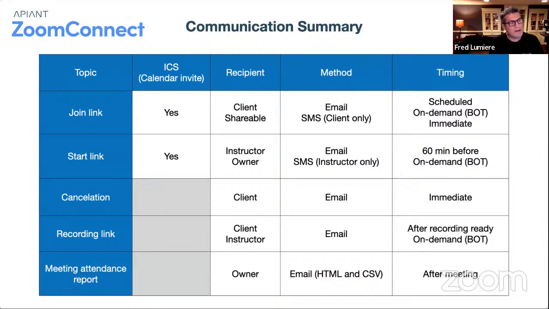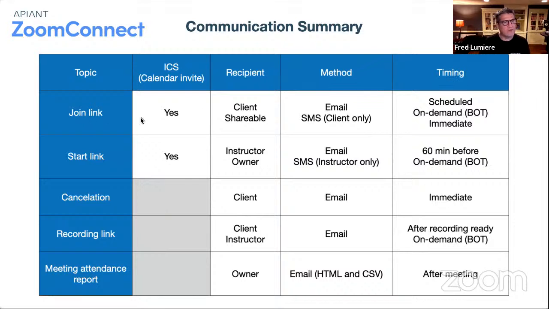Well, with APIANT now, the cool thing is that that is a unique link just for that one instance of a class. So you don't have to share every class for the next 6 months. Here, it's all automatic. You can actually receive an email that is a shareable link that you're going to be able to put into one of those, okay? The method for join link is email or SMS. The SMS only goes to the client, okay, not to the shareable.